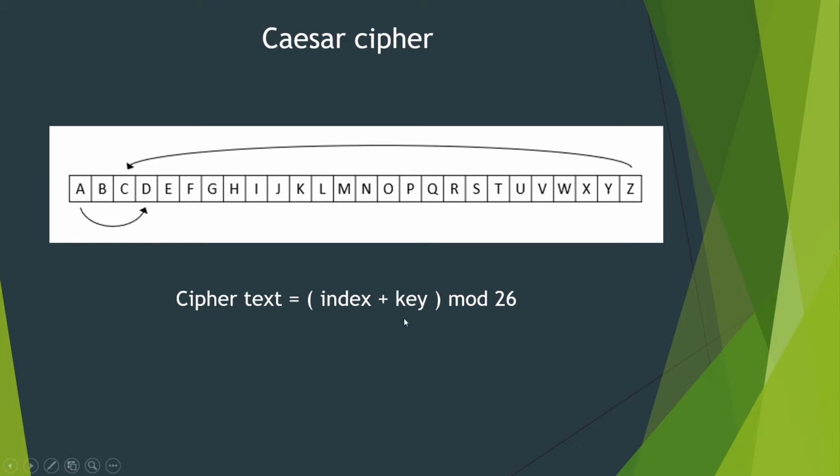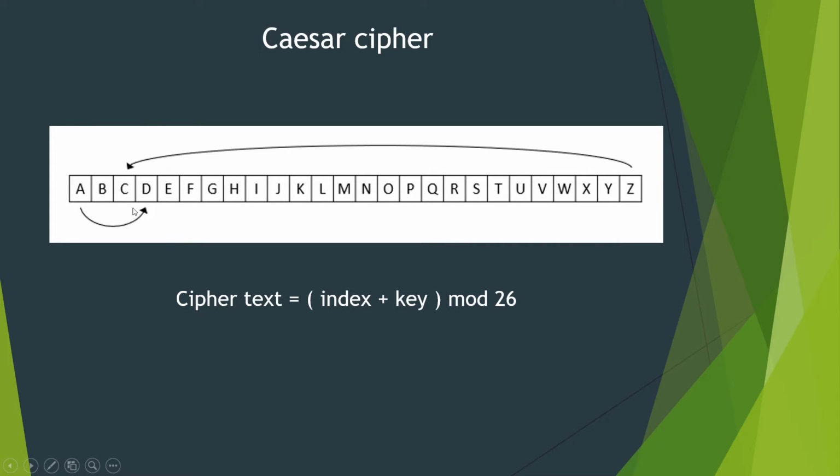So index plus key gives some value, and then you do modular division by 26. Because if the index is 20 and the key is 10, it will go outside of this table, since the limit is 25 and we get 30 on addition. That's why we modular divide by 26, so that we only consider the remainder of this division.